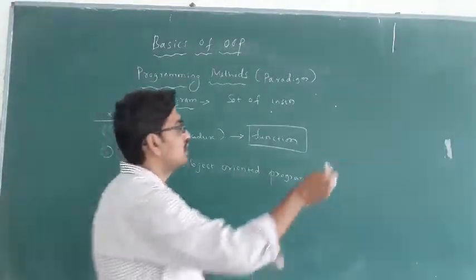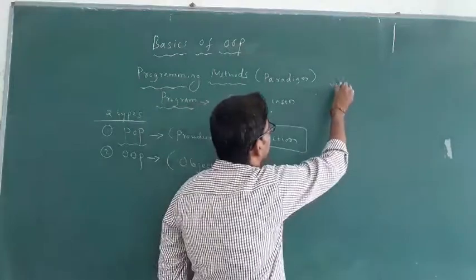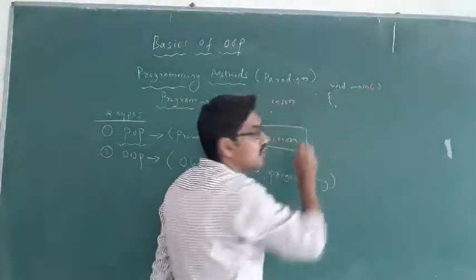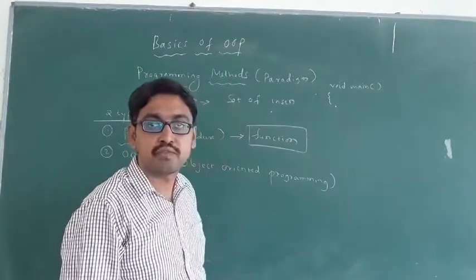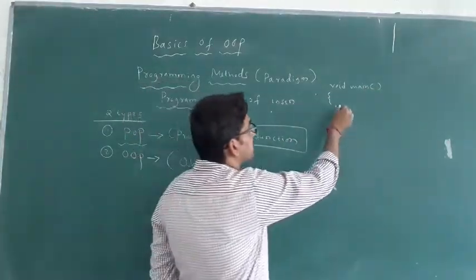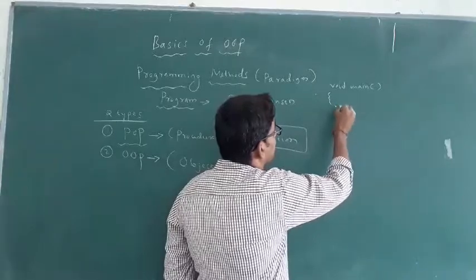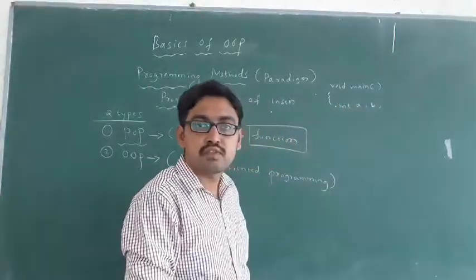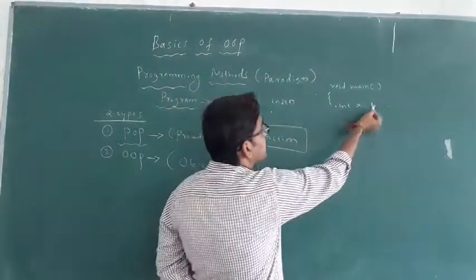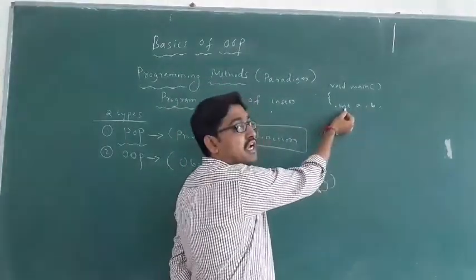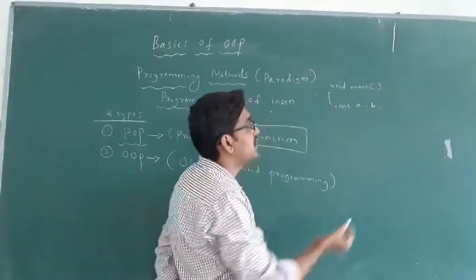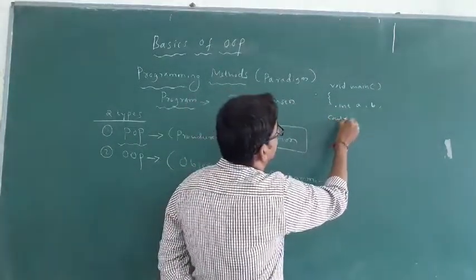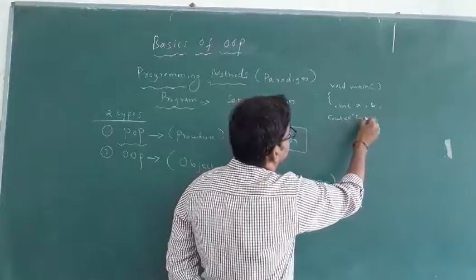You already know procedure oriented programming language. First of all, hash include stdio.h, then void main. For example, I am taking a program like int a, b. Then cout enter two numbers.